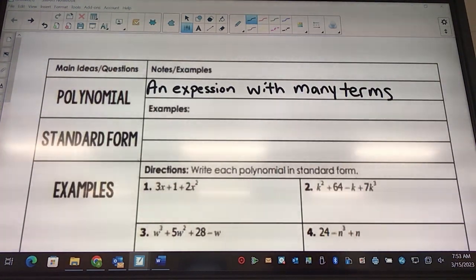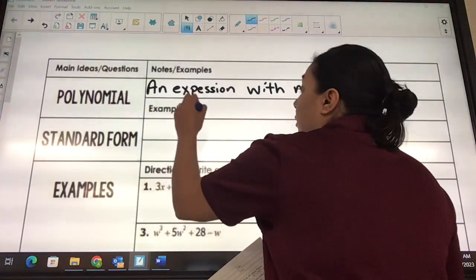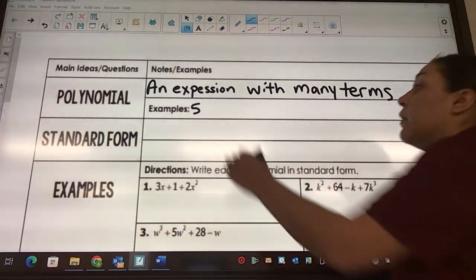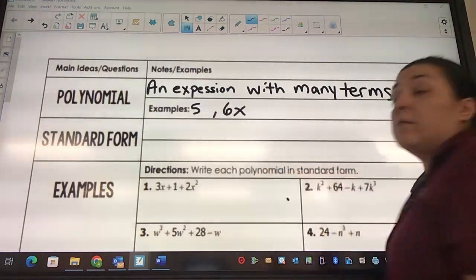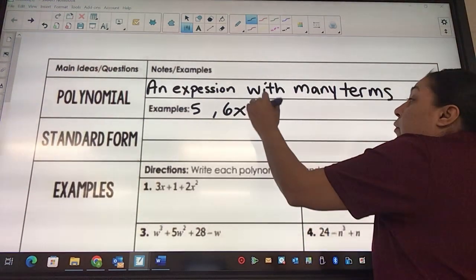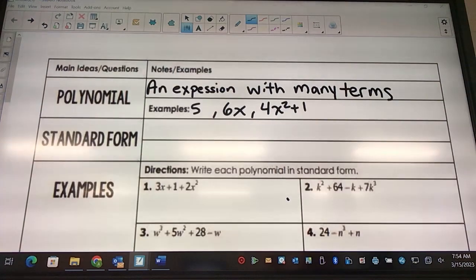I'm going to write some examples for you. So, the number 5 is a polynomial. 6x is a polynomial. 4x squared plus 1 is a polynomial.